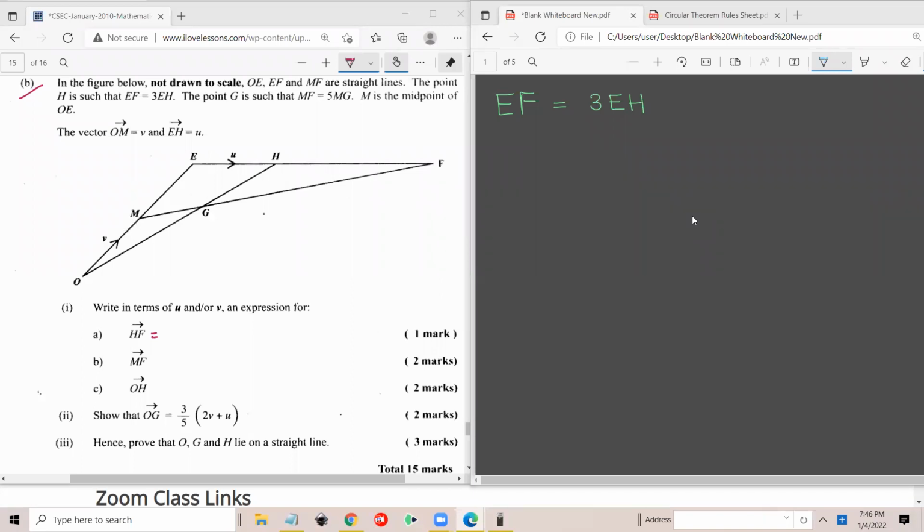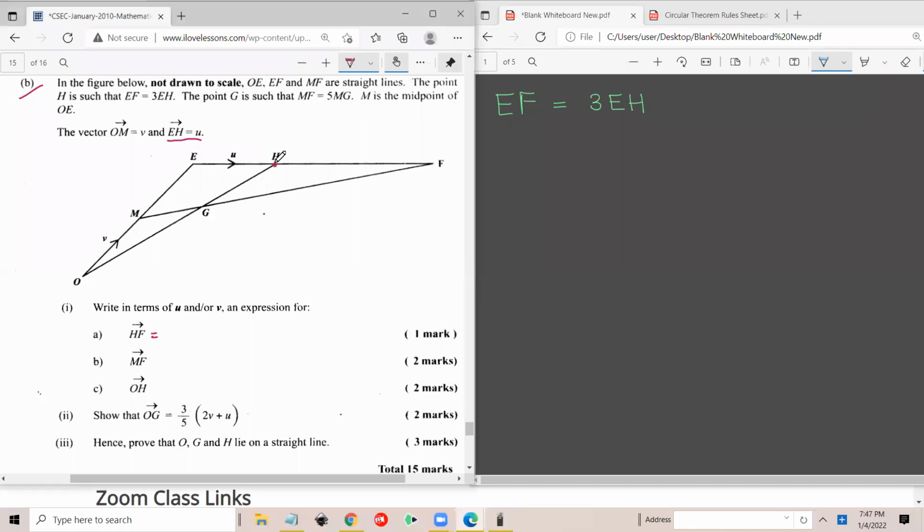All right. So let's see what this question is trying to see, right? If we look at the diagram, EH, from E to H, they said it somewhere here. Look at it, EH is 1u, right? But the examiner is asking us for HF.